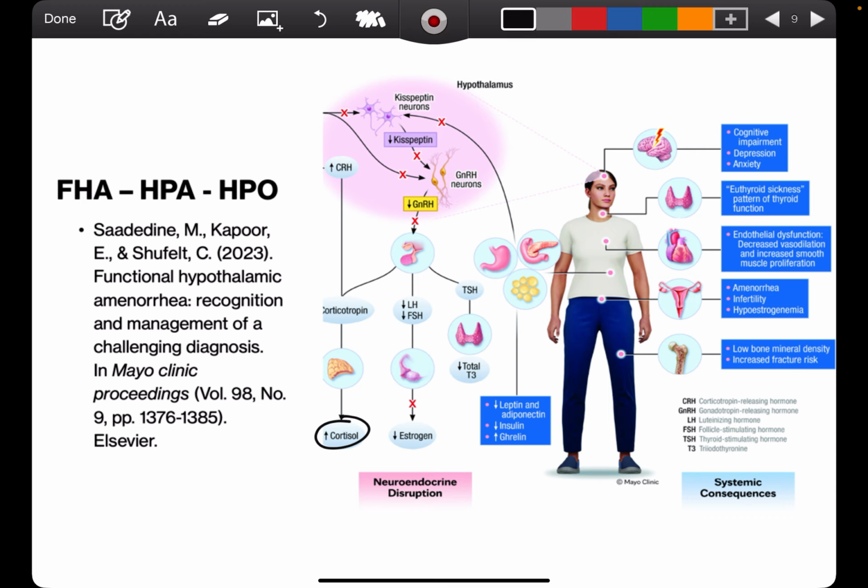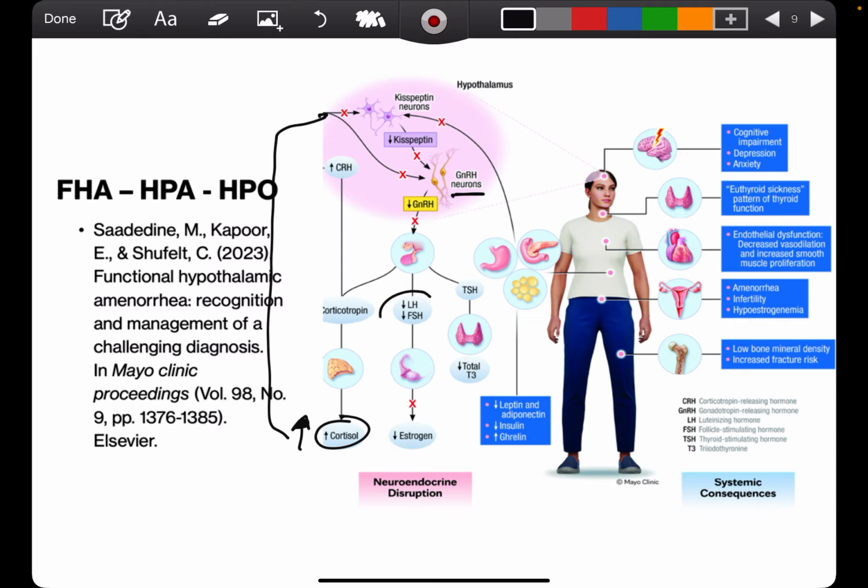So this is the interaction between FHA, HPA, and HPO. We kind of already know how cortisol interacts with the hypothalamus and the HPO axis. But as I mentioned earlier, the HPA and HPO axis are meant to operate together to maintain homeostasis. But in that FHA state, where we have increased cortisol, extremely increased beyond normal conditions, it's going to feed its way back.